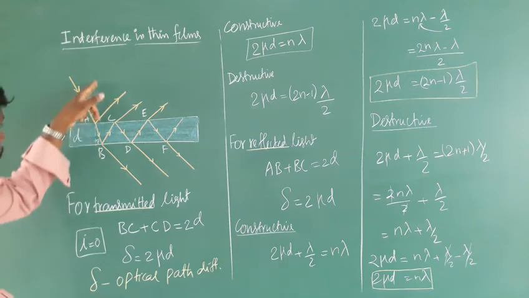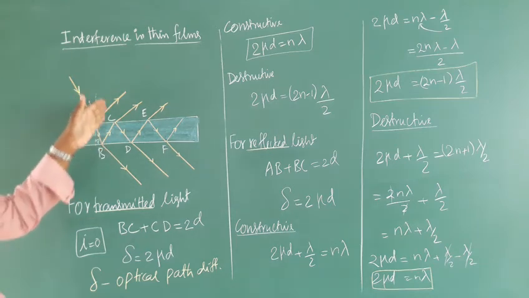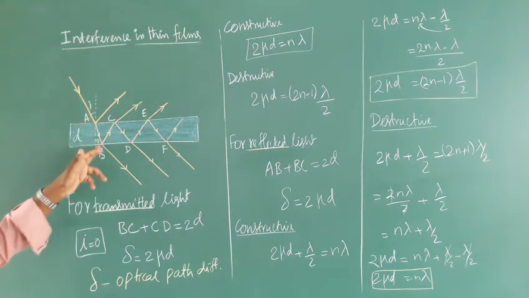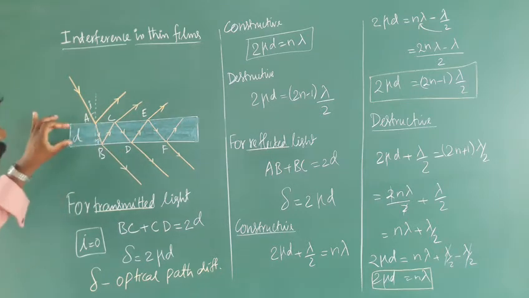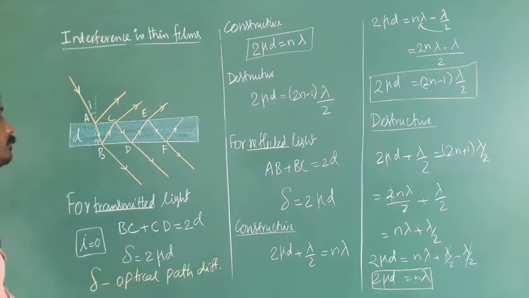Since the angle of incidence i is equal to 0, it is reflected back, and lots of multiple reflections take place inside the thin film. So the additional path, BC plus CD, is 2d.